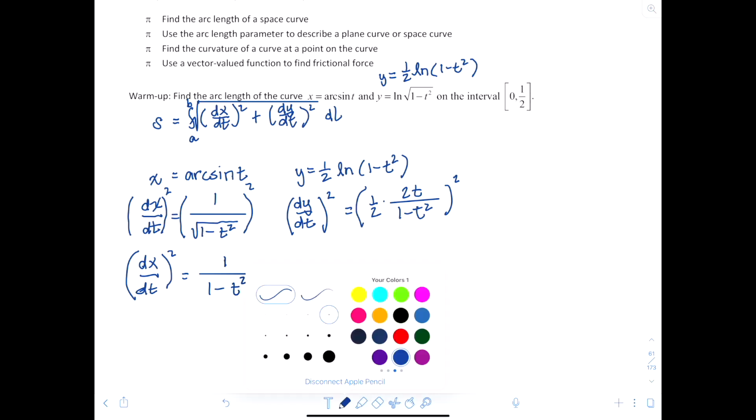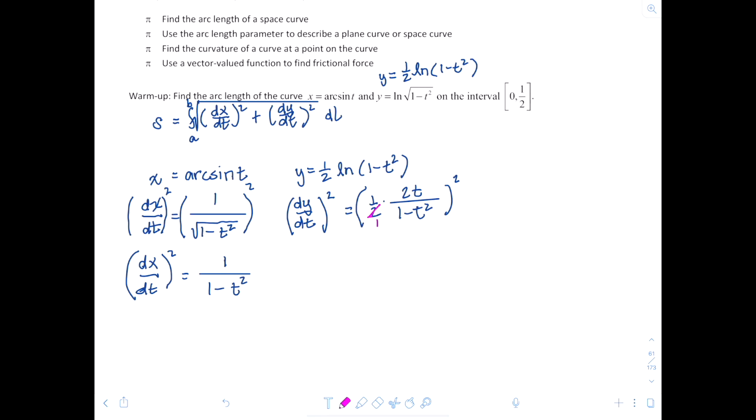These 2's will divide out, and so if we simplify, dy/dt, the quantity squared, will be t squared over 1 minus t squared, that quantity squared. Groovy?